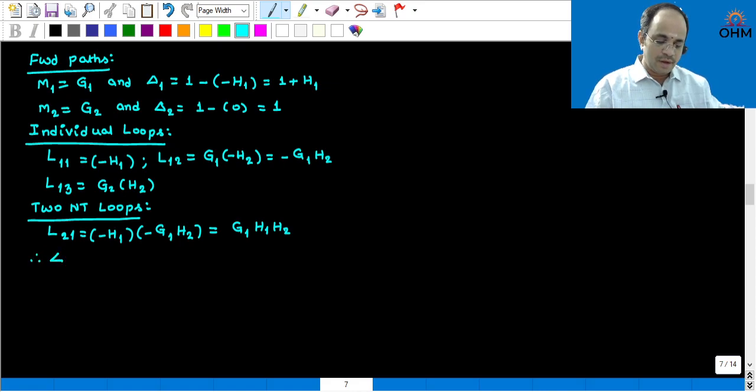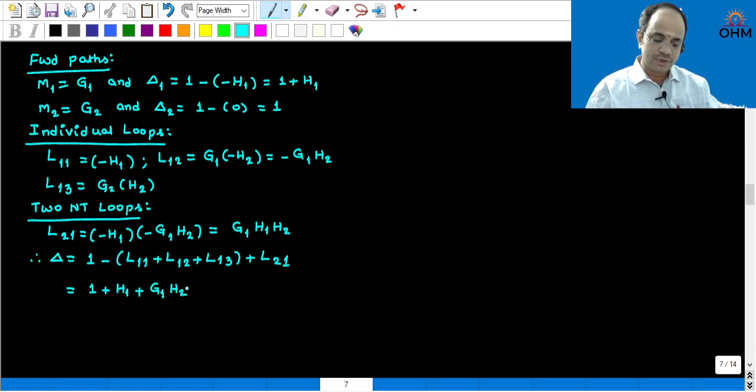Now, how to define delta? 1 minus L11 plus L12 plus L13 plus L21. Then you can say 1 minus, so minus H1. So I can say this will be plus H1, L12 minus G1 H2, hence it will be minus G1 H2.